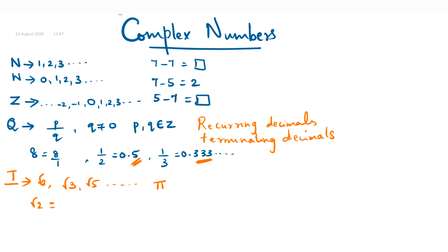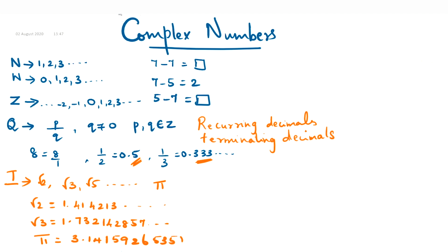Root 2 is equal to 1.414, etc. The value of root 3 is 1.73214285, etc. The value of pi is 3.14159265358, etc. It goes on.